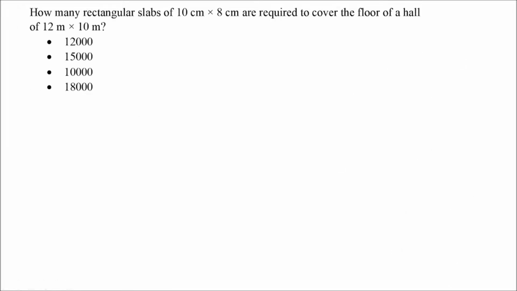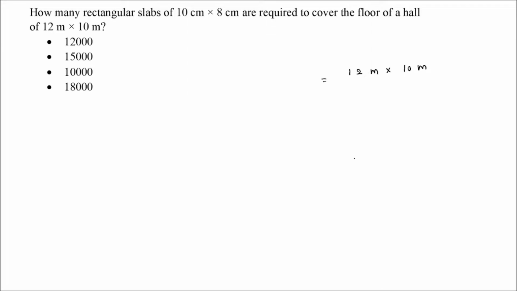How many rectangular slabs of 10 centimeter by 8 centimeter are required to cover the floor of a hall 12 meter by 10 meter? So this is a simple question, students. We have to cover the floor of a hall. What is the area of the hall? Area of the hall is 12 meter by 10 meter.